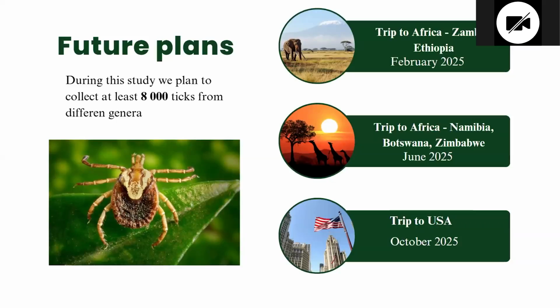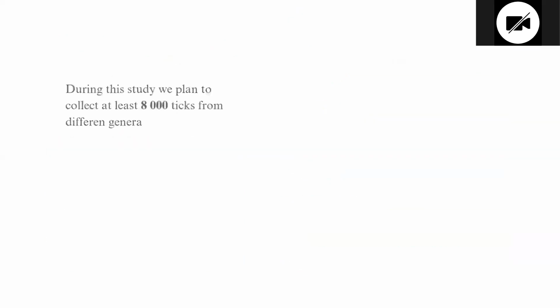Next month we also plan to go back to Africa, to other countries like Namibia, Botswana, and Zimbabwe, to collect more ticks. And this October we plan to go to the USA for more tick collections.